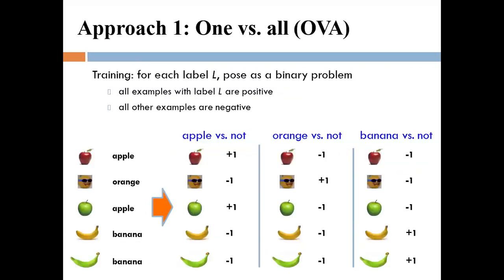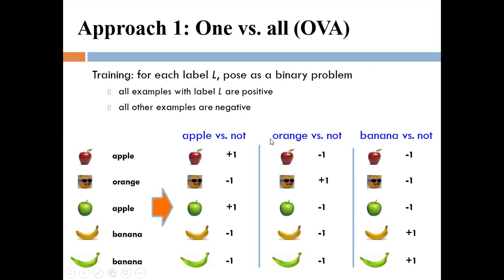The first black box approach is known as one versus all. In training the machine learning model for building the multi-class classifier, for each label L, we create a binary problem where all the examples with the label L are classified as positive and the rest of the examples are classified as negative. Then the first binary classifier performs the classification of apple versus the rest of the fruits.